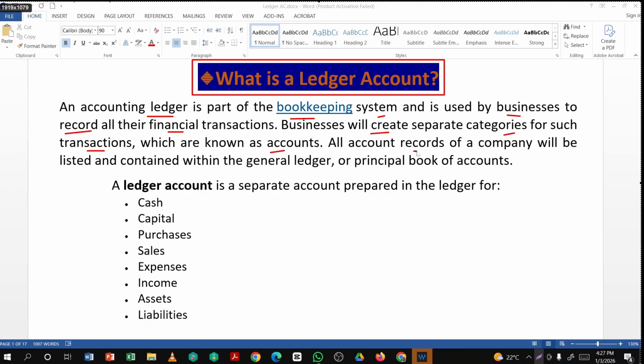All account records of a company will be listed and contained within the general ledger or principal book of accounts. A ledger account is a separate account prepared in the ledger for cash, capital, purchase, sales, expenses, income, assets and liabilities.